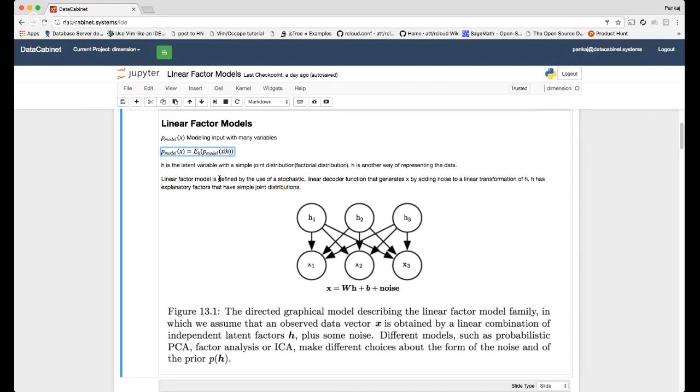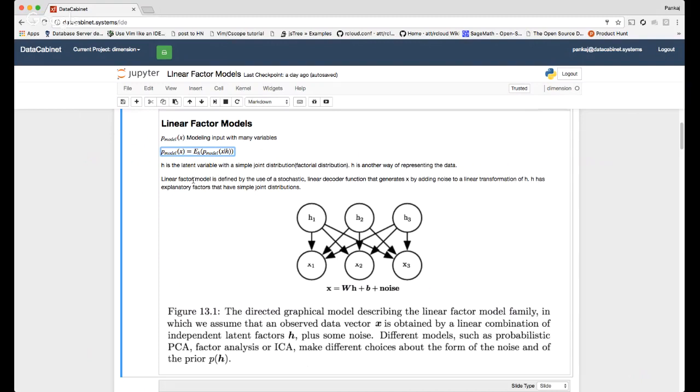And the way H is modeled in linear factor models is with a simple joint probability distribution, like a factorial distribution. For example, if you're going from a 100-dimensional space in X to a 5-dimensional space in H, then each of those 5 are independent of each other, and the probabilities can just be multiplied together. That's how linear factor models generally model H.